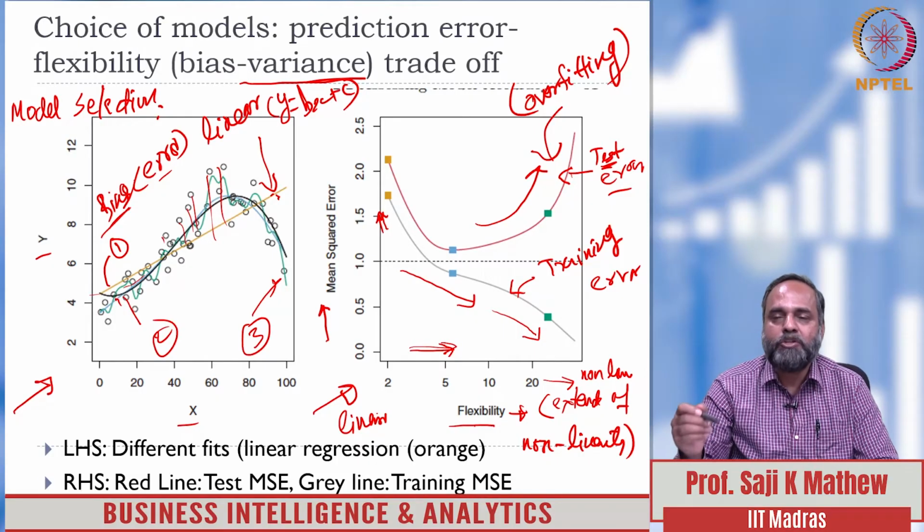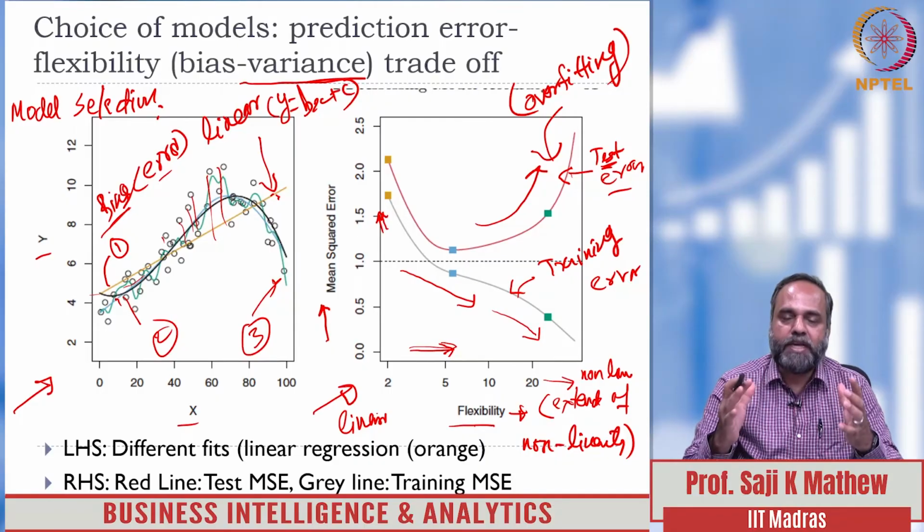It is not able to predict for a different data set because it has overfitted to one data set.